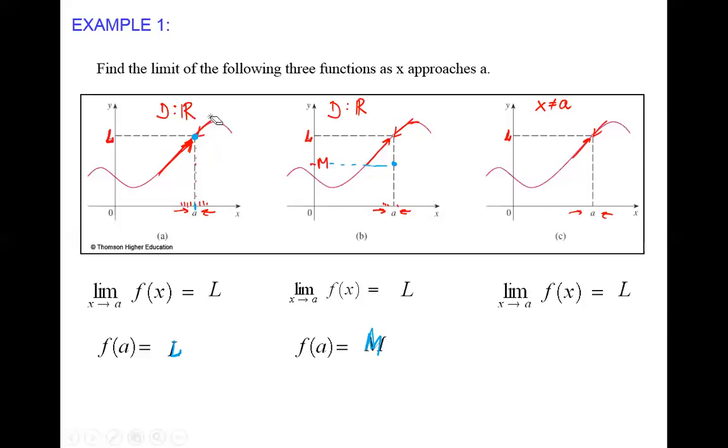Close to A, it is always the level L. And for the last one, we have an open dot, and for the value I will use DNE, does not exist. That means the exact dot doesn't exist. We can see we have an open dot.